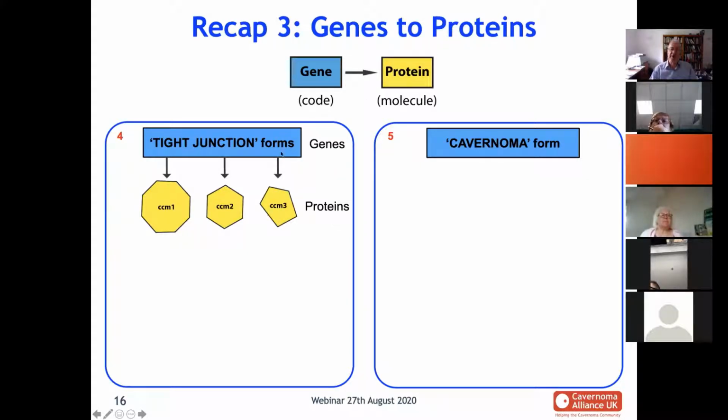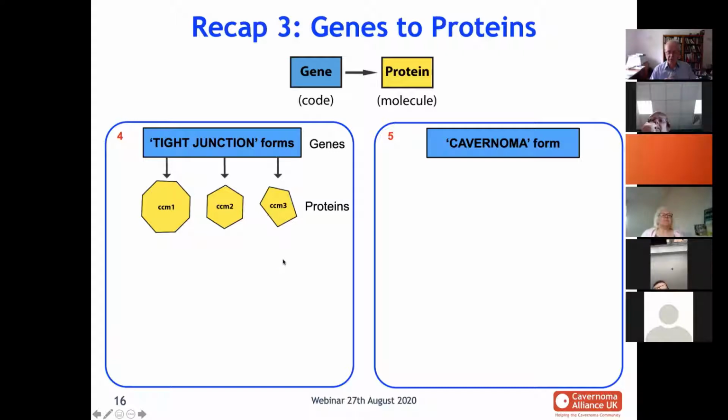So if you're one of the 99.9% of people, you have the tight junction form of your genes, and you produce a protein, CCM1, CCM2, or CCM3, for each of those genes. And these are lowercase, whereas the genes are uppercase. It gets a little bit confusing, I realise, but the yellow is protein, little CCM1, CCM2, and CCM3.